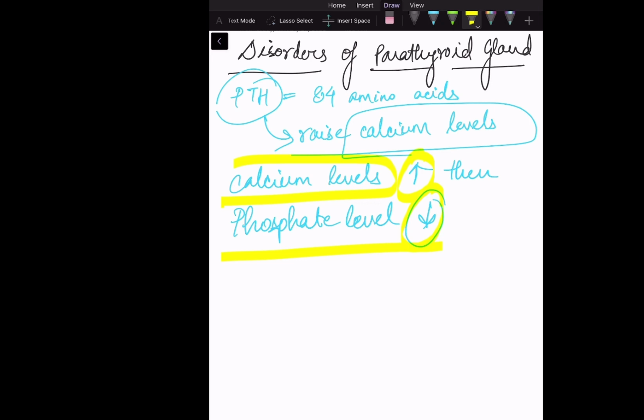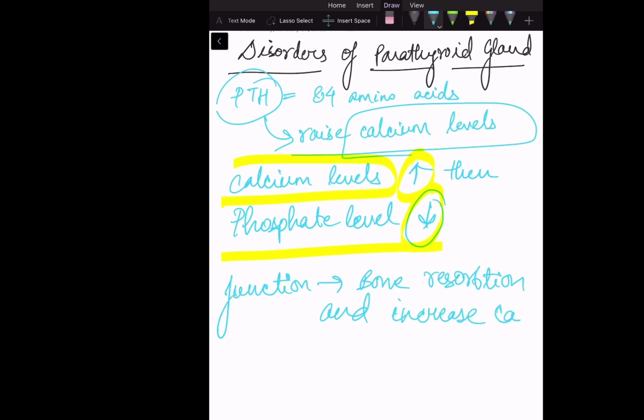And the function of parathyroid gland is bone reabsorption and increase calcium levels.